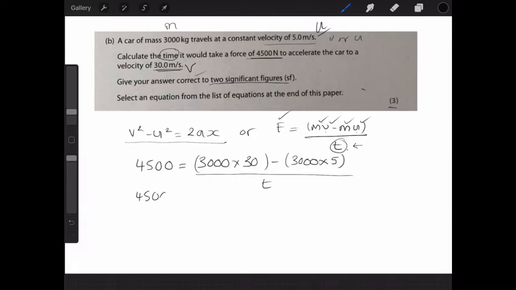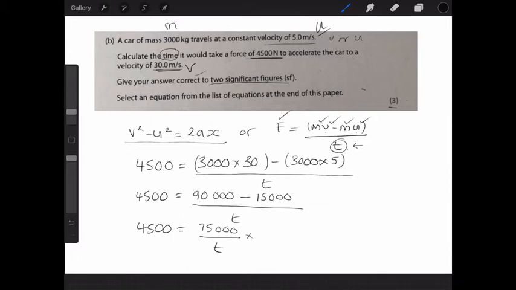So now I'm going to use my calculator and work out 3,000 times 30, which is 90,000, and 3,000 times 5, which is 15,000. And then I'm going to build in another step. I really am doing this step by step. So when I do 90,000 take away the 15,000, I'm left with 75,000 divided by t.